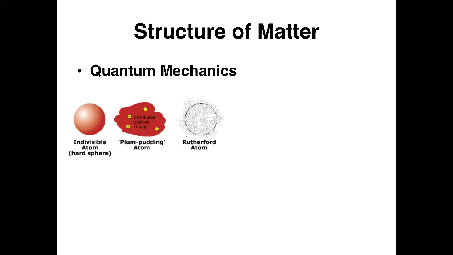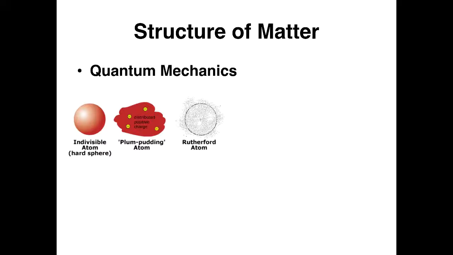And what it said is that the matrix, or the red part here, is the positive charge, and that the electrons were embedded in the matrix like little islands within the matrix. Now, the reason that this was called plum pudding model is because this looks like plum pudding that's made in England, where the electrons represent the pieces of plum and the rest is the rest of the dessert.